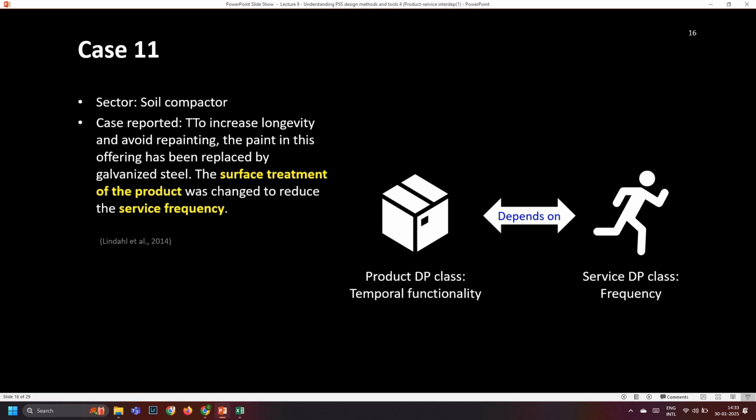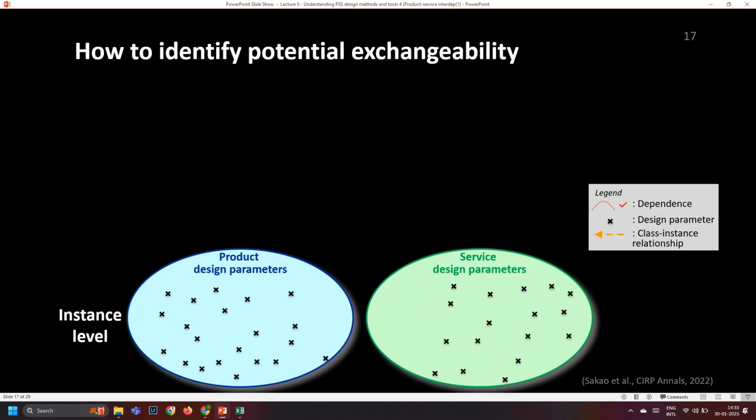Because they changed the soil compactor surface, the frequency of the service was prolonged, and thereby the product life extension was realized.